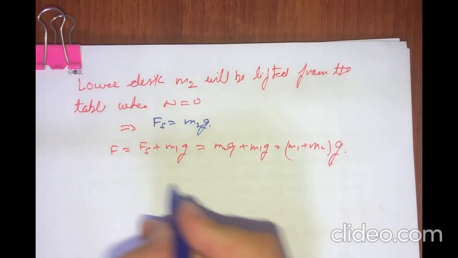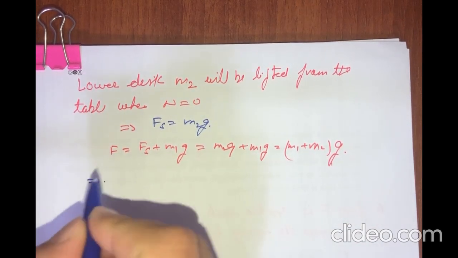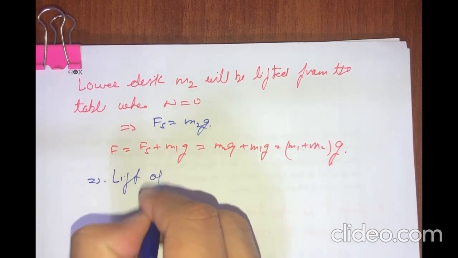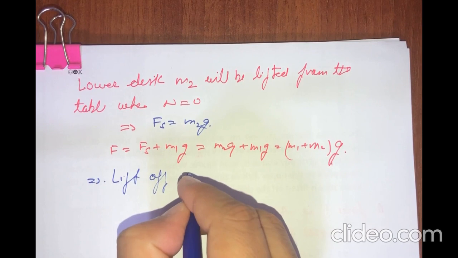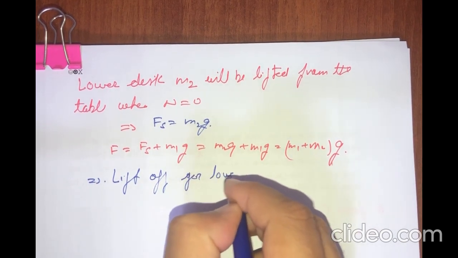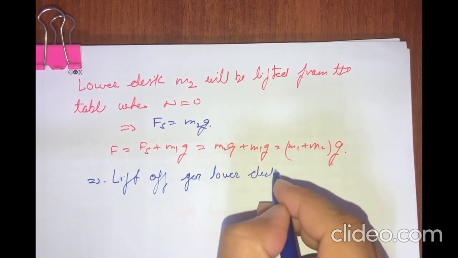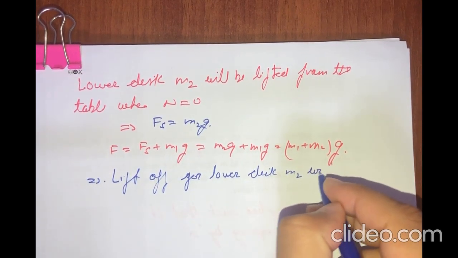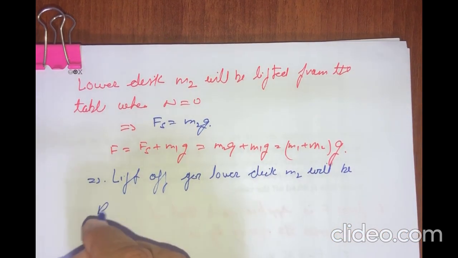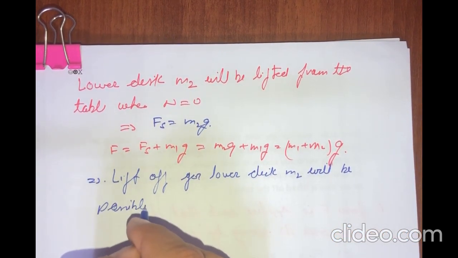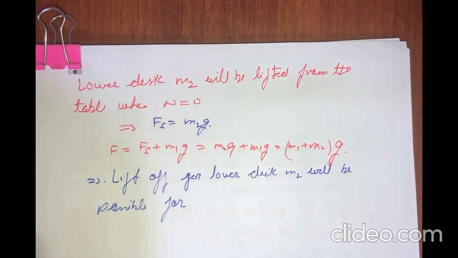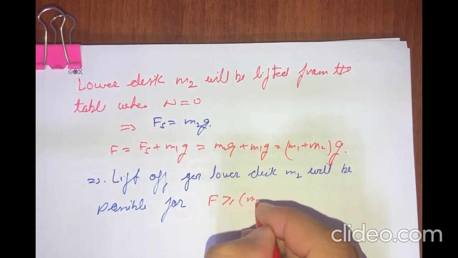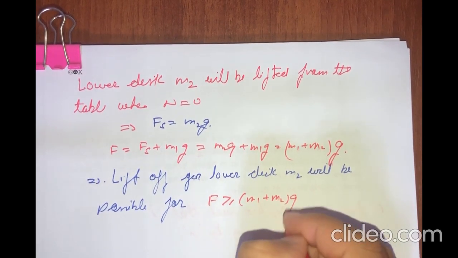Okay, so it means the lift off for the lower disk M2 will be possible for F greater than or equal to (M1 plus M2)G.